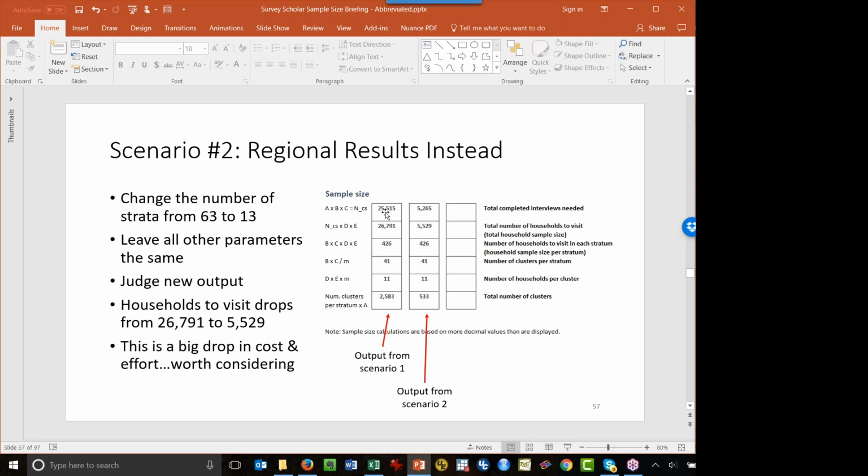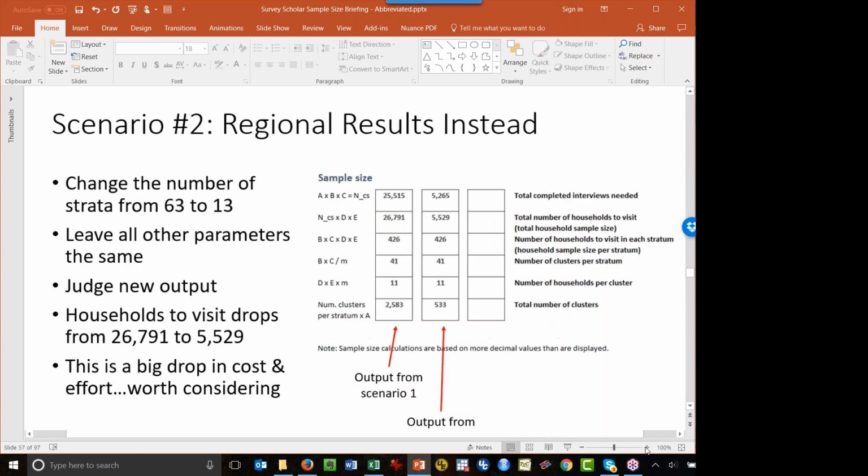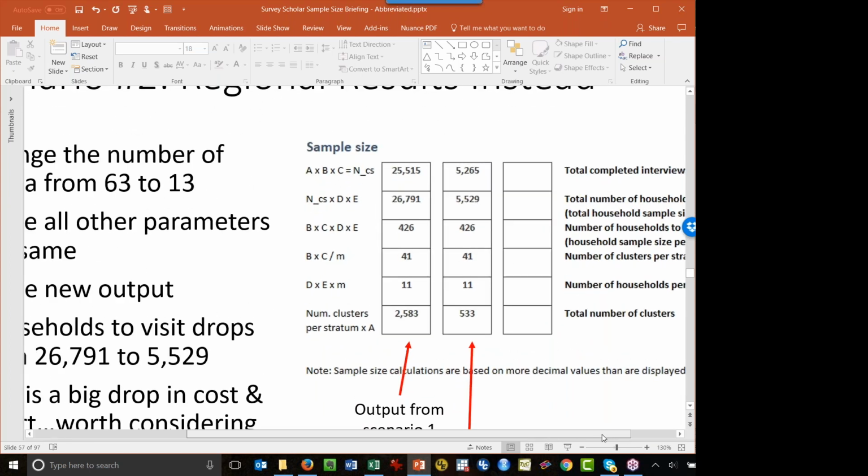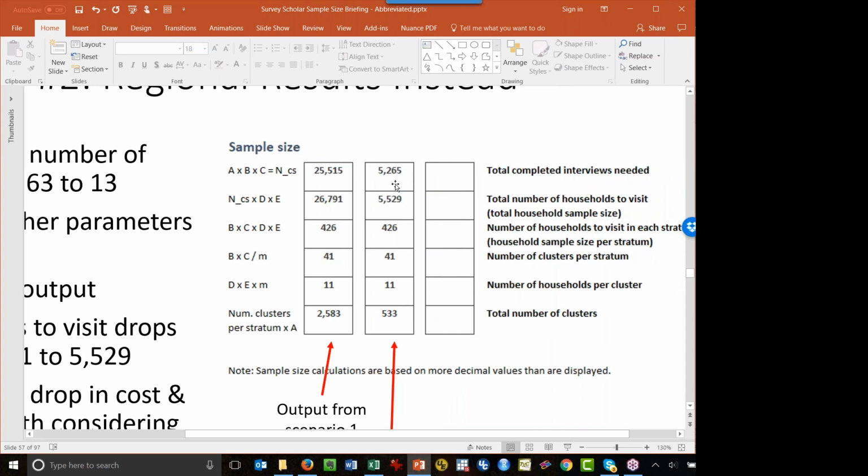Now, instead of needing 25,000, let me make this a little bigger. Instead of 25,000, now we need only 5,000. Instead of visiting 27,000, we will visit 5,500. And instead of sending teams to 2,500 clusters, now we will send teams only to 533 clusters.